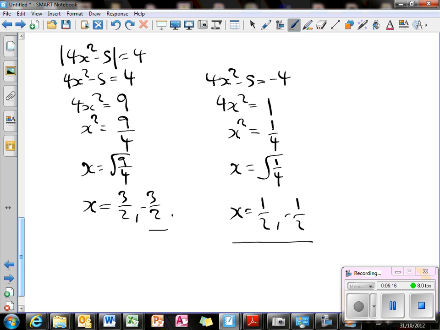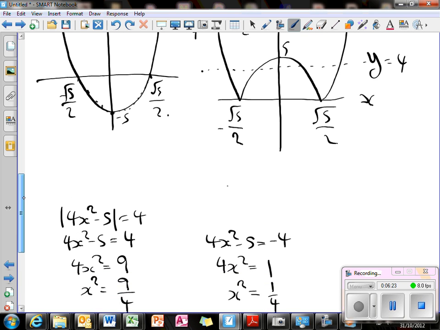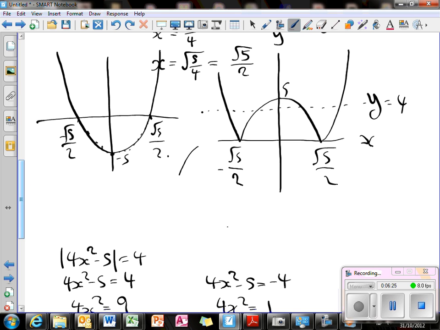There are your 4 solutions. So if I go back up to this curve that I sketched, I can tell you the places where it cuts the line y equals 4: a half, minus a half, minus 3 over 2, and 3 over 2.